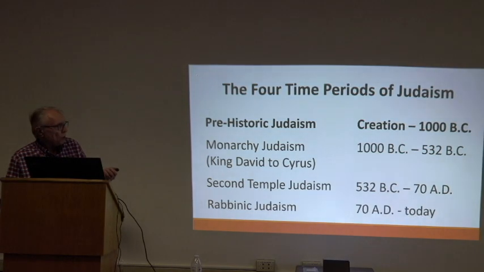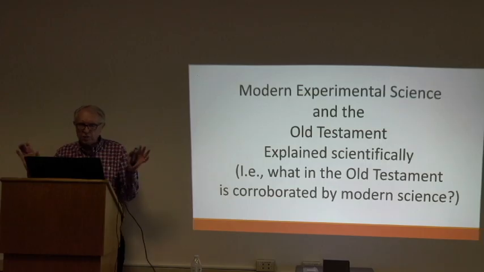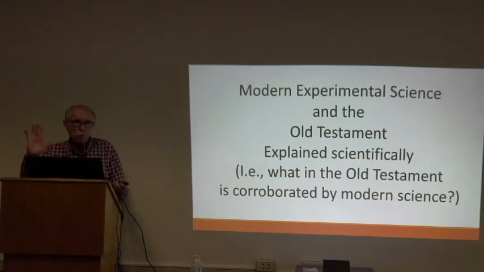So these are the 4 time periods. And modern experimental science and the Old Testament explain scientifically what in the Old Testament is corroborated by modern science and what isn't. That's what we're going to be looking at today.